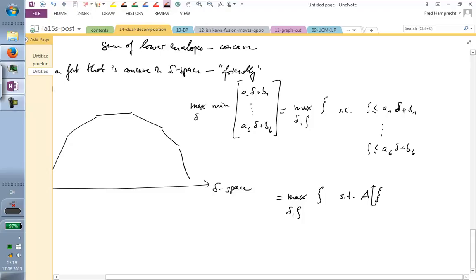I can concatenate my variables psi and delta and write it like this. So this is the standard form of an LP.